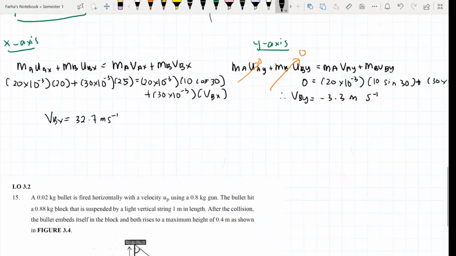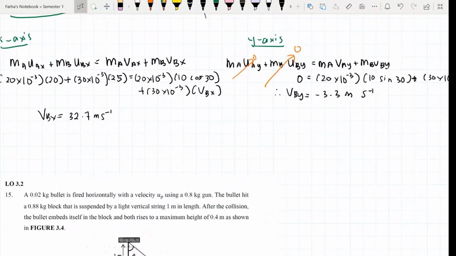So complete, saya dah ada VBX, saya dah ada VBY. Saya try lukiskan kat mana agaknya location VBX dan VBY. So kalau saya dapati VBX ni positif, this one negatif, agak-agaknya dia berada di kuadran yang keberapa?